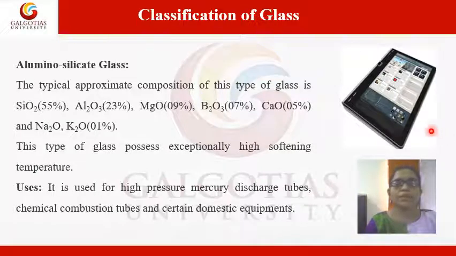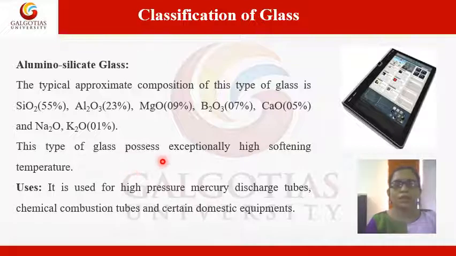Then next is aluminosilicate glass. This is the composition of this type of glass. It contains 55% silicon oxide, 23% aluminum oxide, 9% magnesium oxide, 7% boron oxide, calcium oxide 5% and nearly 1% of sodium oxide and potassium oxide.